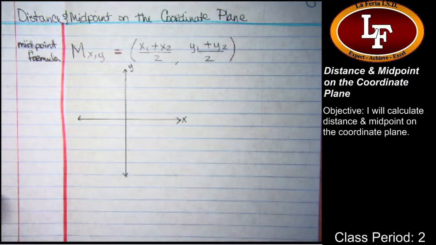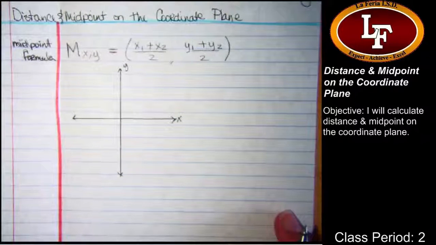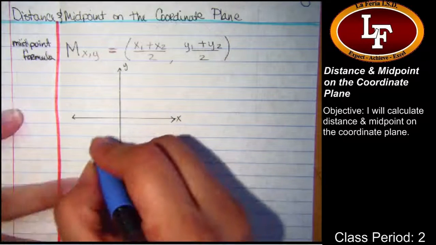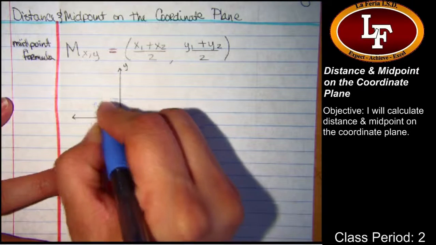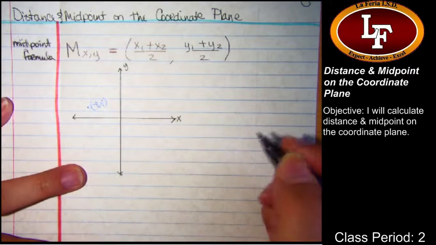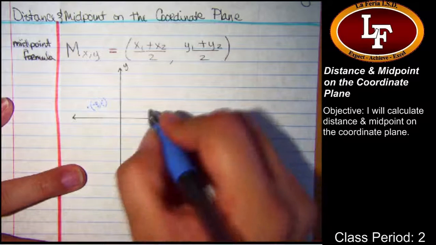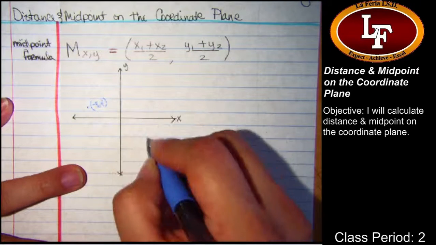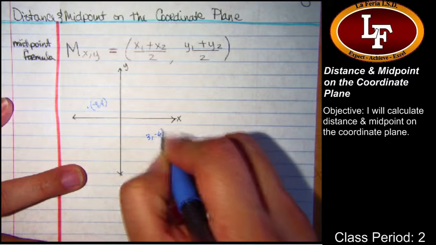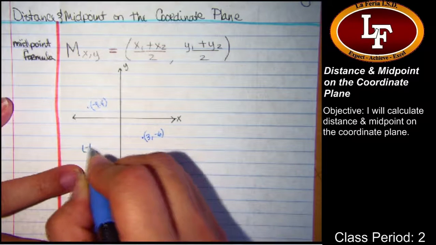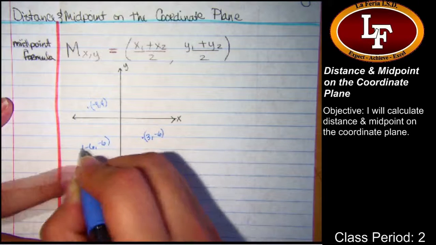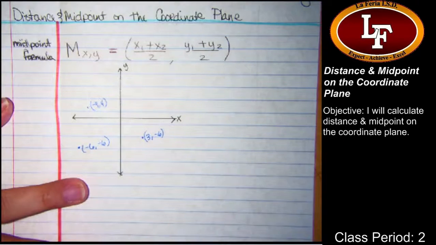All right, I need some points. -4, -4 and 4. All right, I'll put you guys together. 4, 4. Give me another one. 3, -6, and 6, -6, or -6, -6. 2 and 2. 2, 2.